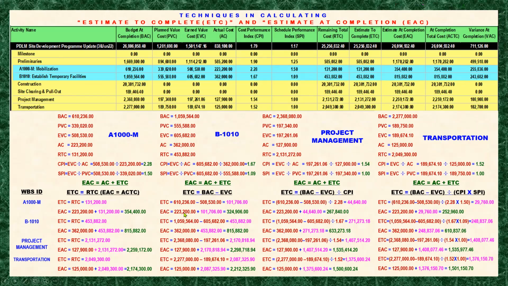Now we will try to compare the estimate at completion. Let's say we look at the first WBS here. The estimate at completion here is 354, and here is 324, and here is 267, and here is 252. So the last one is this one, and the biggest one is this one, right?